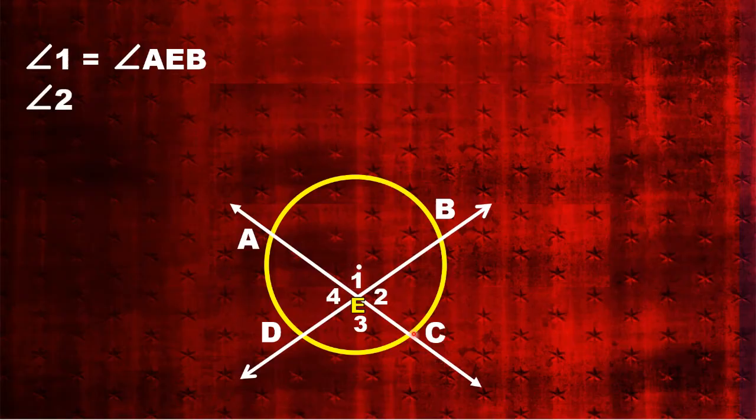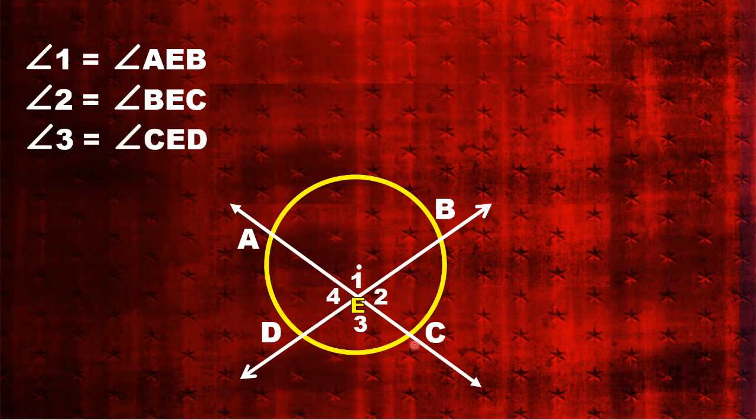Angle 2, however, can also be called as angle BEC. Ayan. O pwede rin namang CEB. Angle 3 can be named as angle CED or DEC. Iisa lang yan. And angle 4, however, can also be called as angle AED or angle DEA.